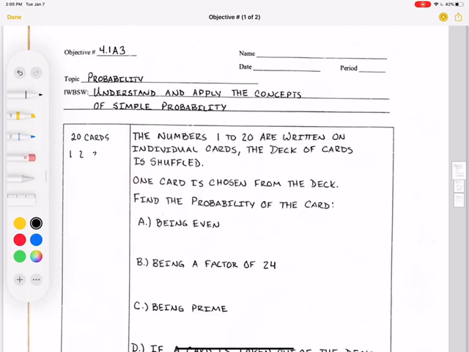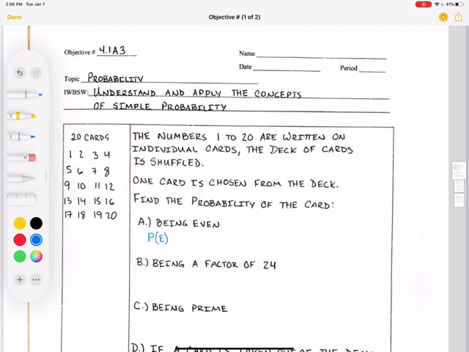So, our 20 cards. We need to find the probability of those cards being even. So the probability that they're even. Alright, even. Well, we have 20 cards, and half of those should be even, right?